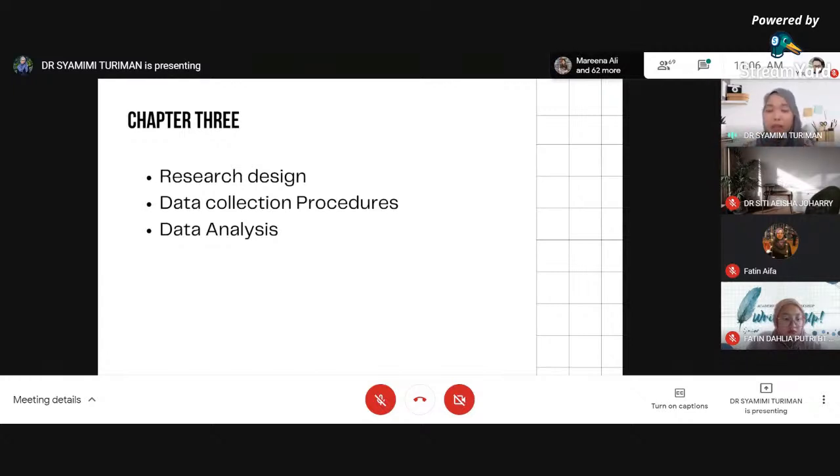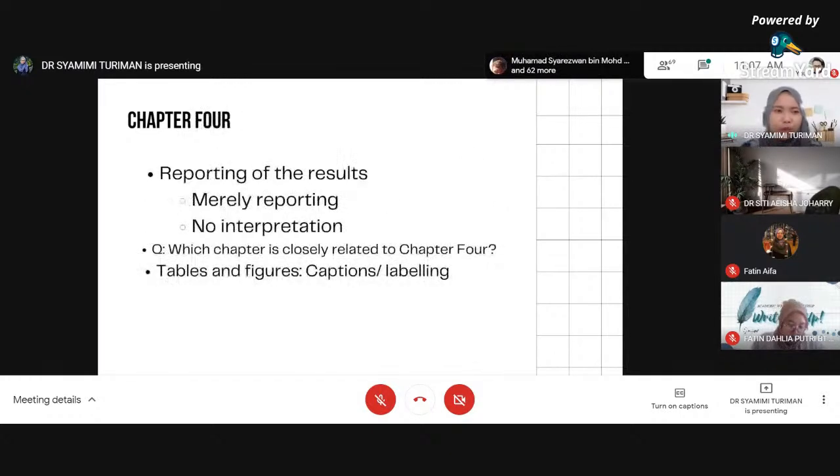All these have to be mentioned very clearly, step by step. These are some of the common areas that I think are very glaring. So for chapter 3, a lot of students were not able to produce good ones.